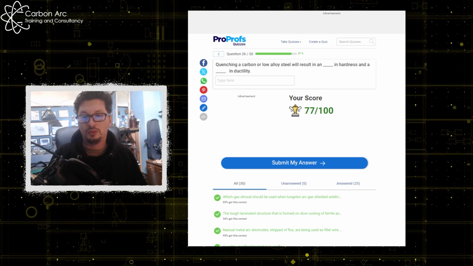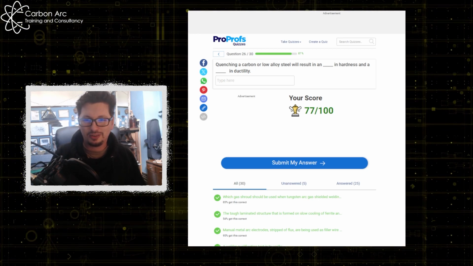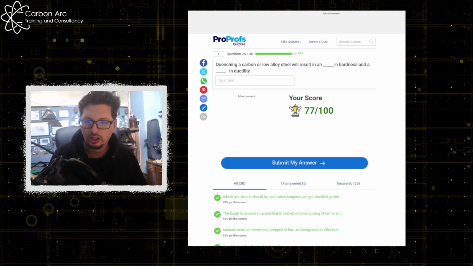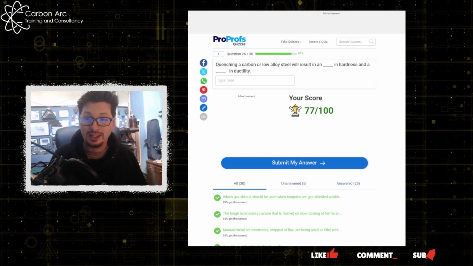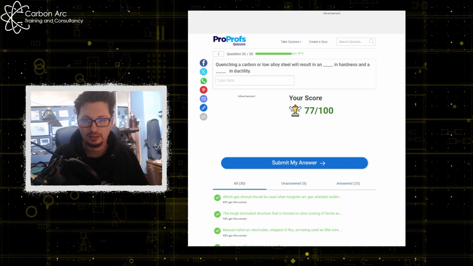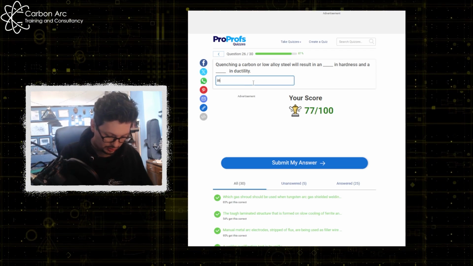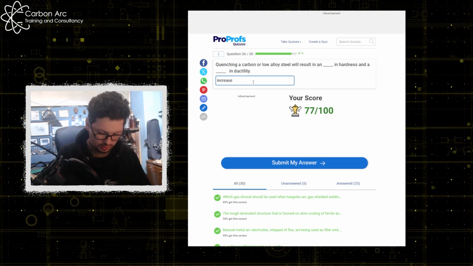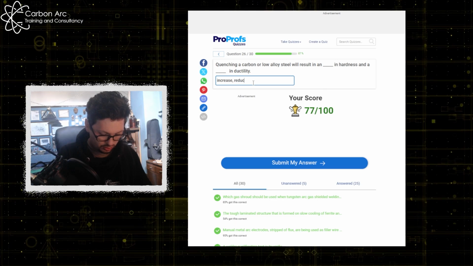Okay, another one. Well, we've got to type our answers in, so we'll guess the word. Quenching a carbon or low alloy steel will result in an increase in hardness and a reduction in ductility. So increase, how do you do this? Do you have to put a comma between them? Reduction.